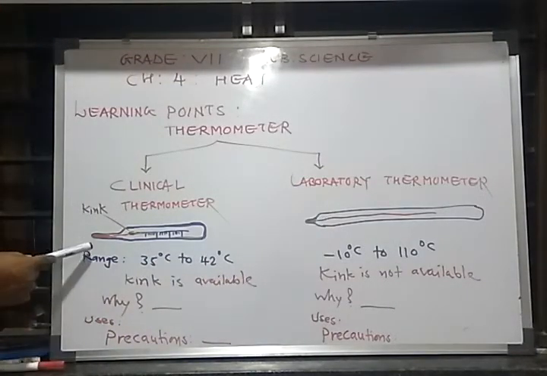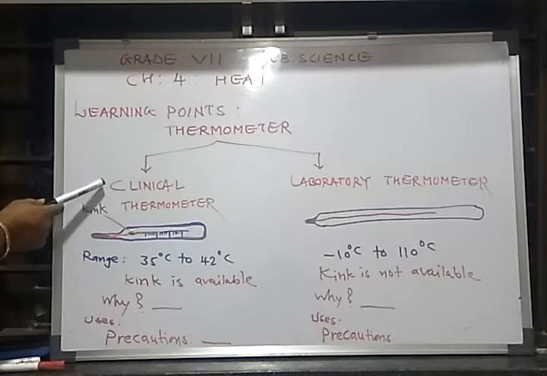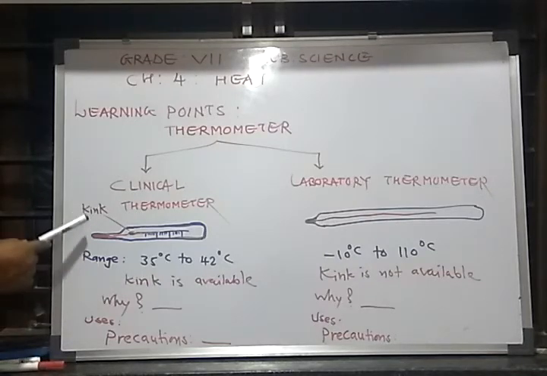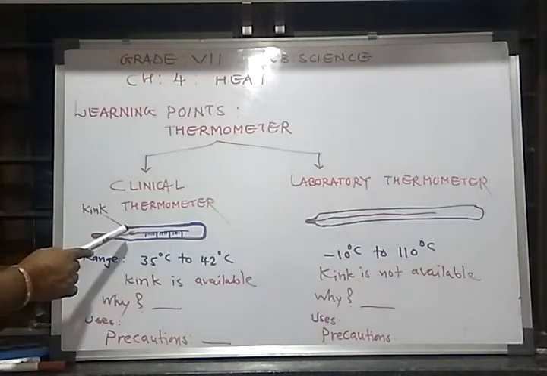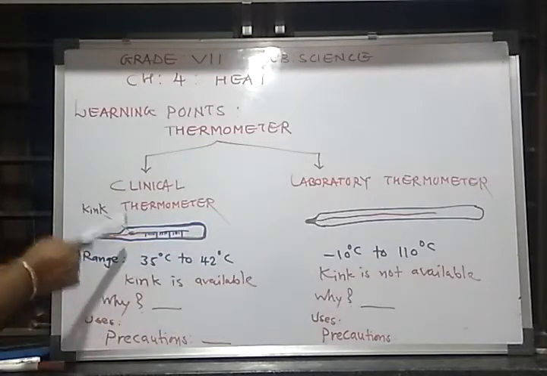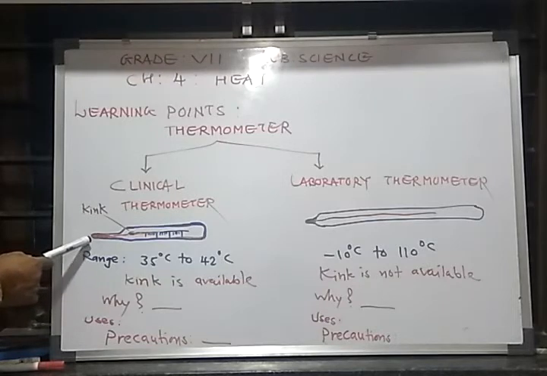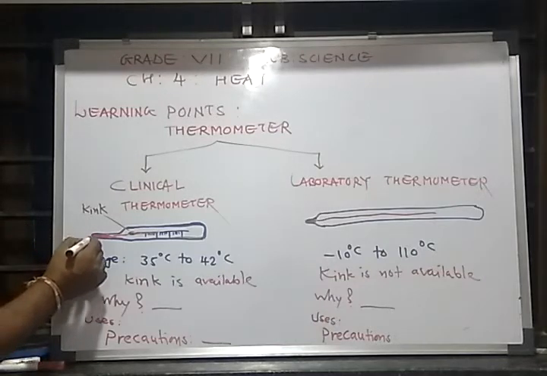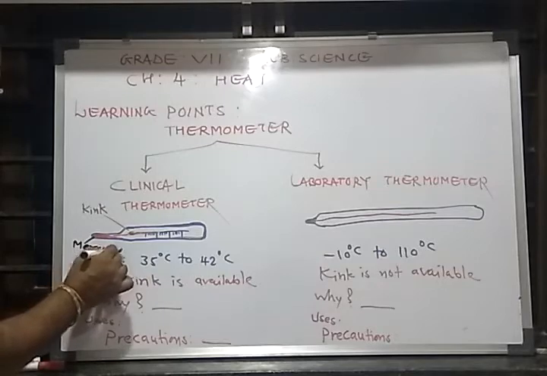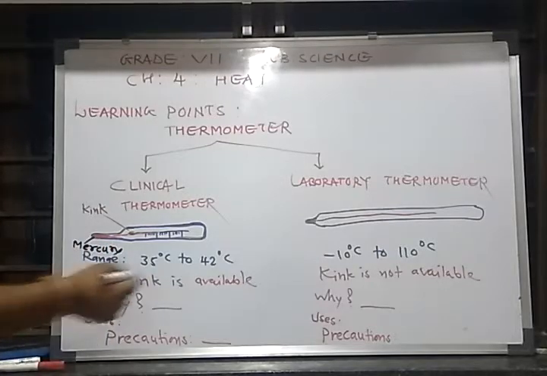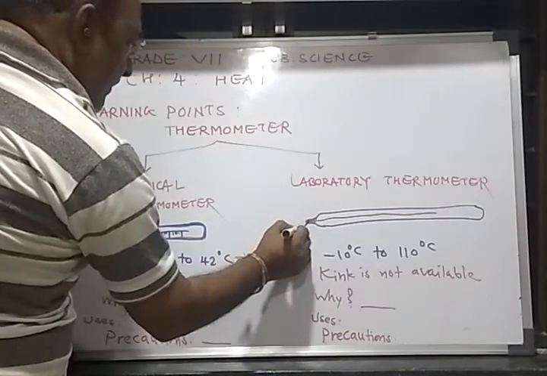Now here you see that in this clinical thermometer, there is a narrow glass tube. Inside, downside, one bulb is there. And this bulb contains mercury. Here this is also mercury.